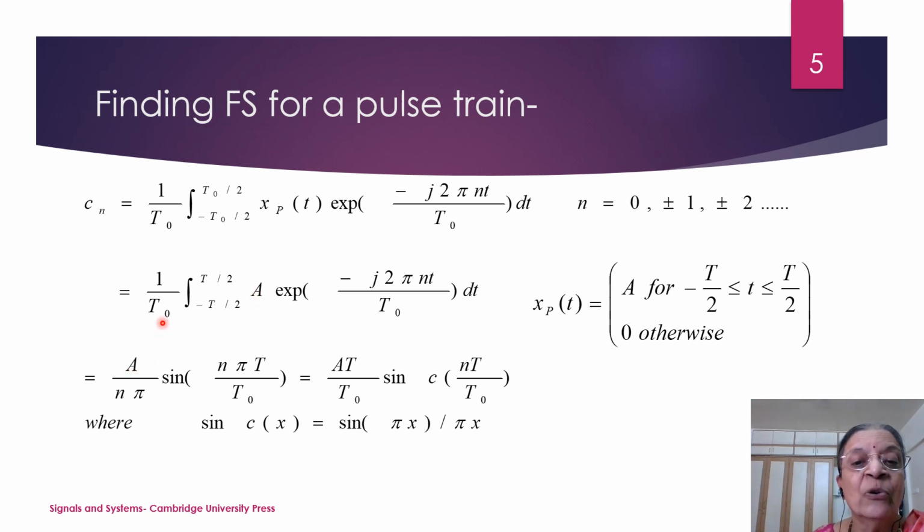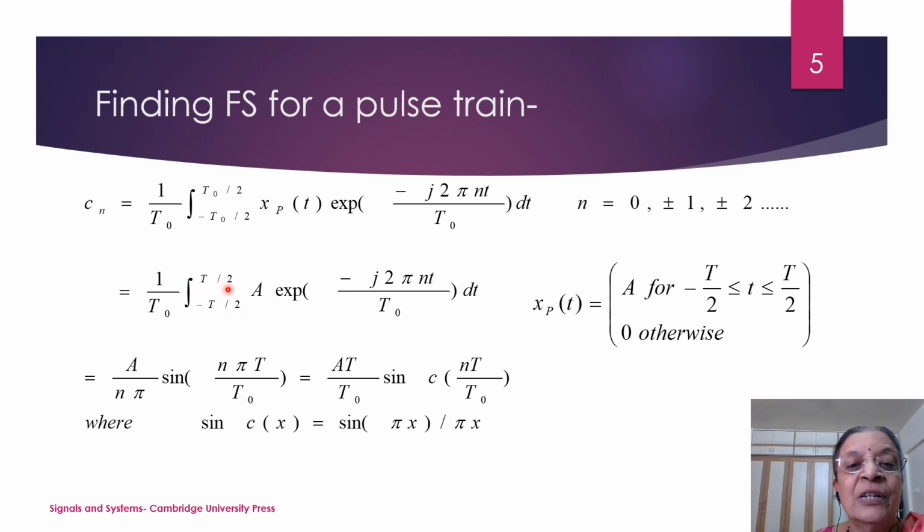This T0 will cancel with the corresponding term that comes out of this exponential, that is 2 pi n upon capital T0. So that capital T0 will come in the numerator and it will cancel with this T0. Okay. So there will be A coming out and then this n pi will be coming out. Now this 2 we will see that it gets cancelled, because when we write the exponential term, it is integrated between minus T by 2 to plus T by 2.